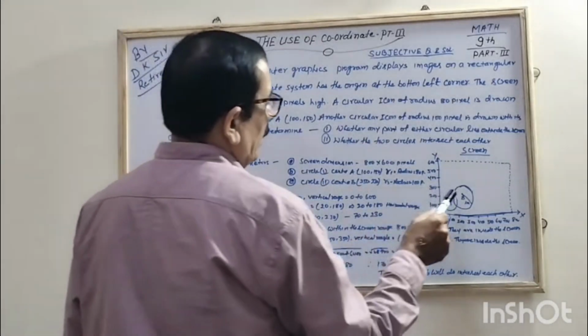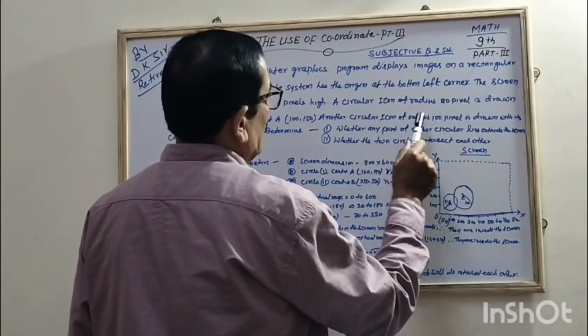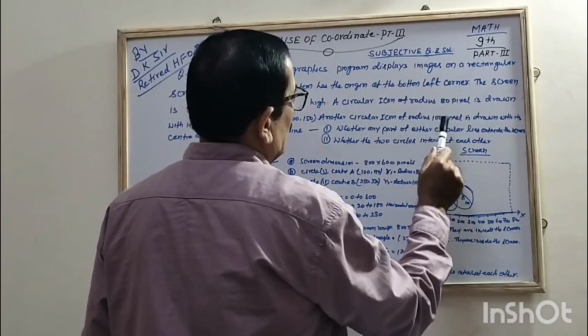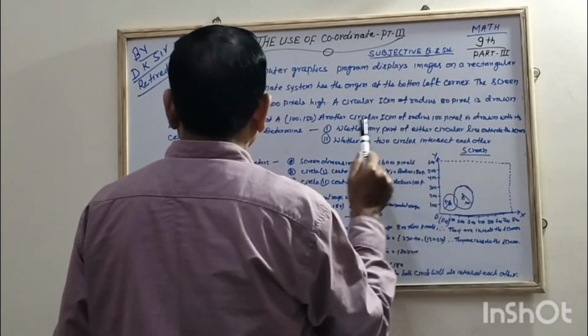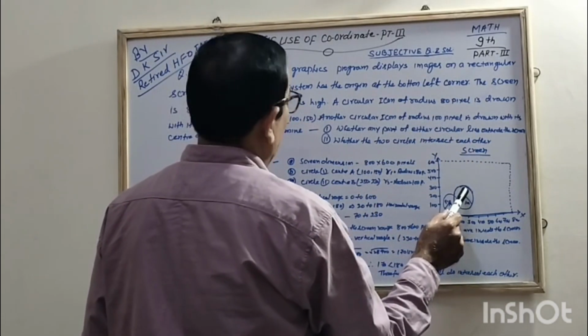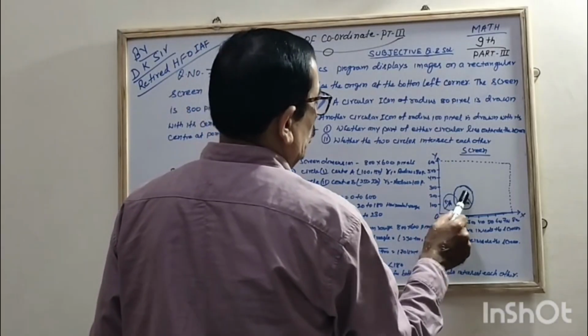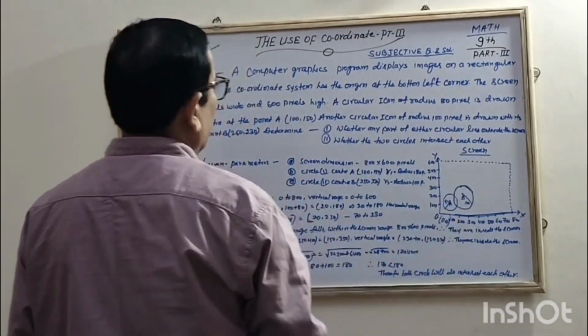The other circle, B, has a radius of 100 pixels and is centered at the point 250, 230. We have gone to 250 and 230, correct? So we can see that two icons are there.